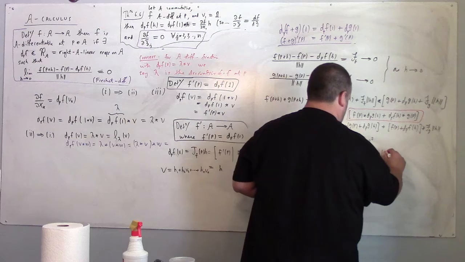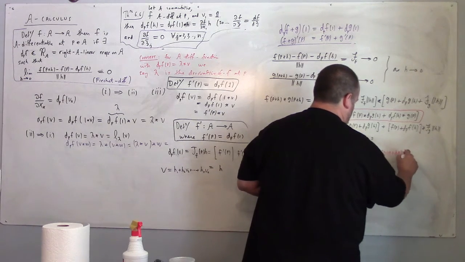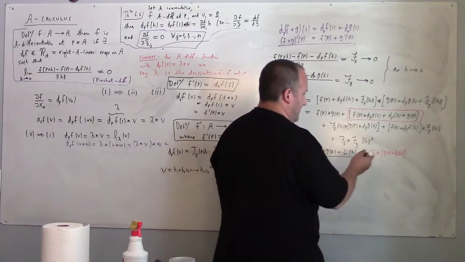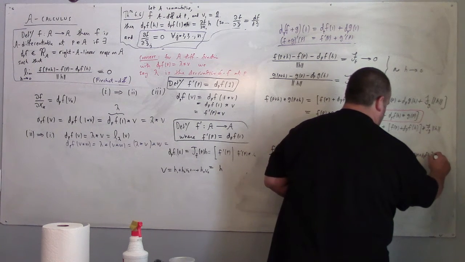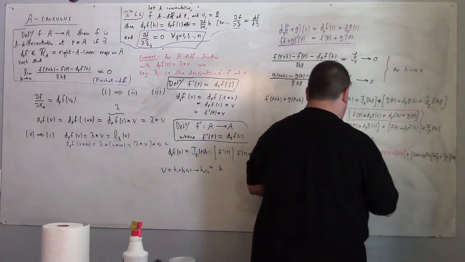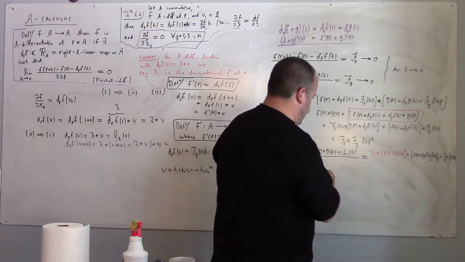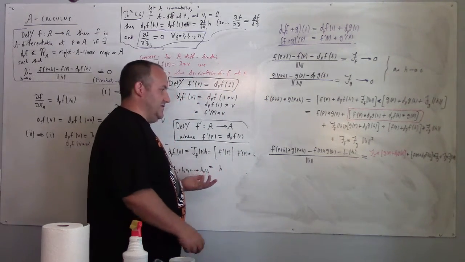times g(p) plus d_p g(h), plus f(p) plus d_p f(h) star the Frechet quotient of g, plus the Frechet quotient of f star the Frechet quotient of g, over the norm of h, right? And what happens as h goes to 0?